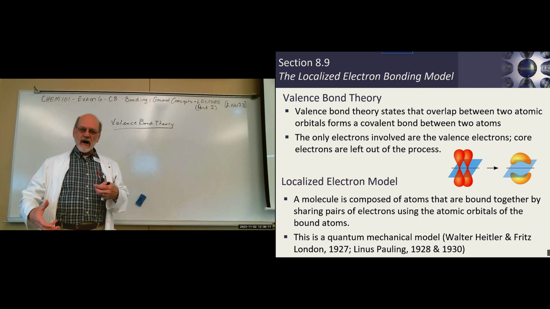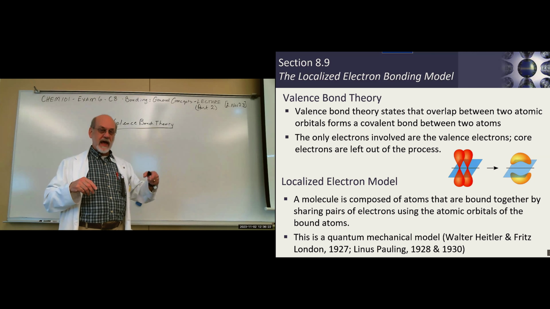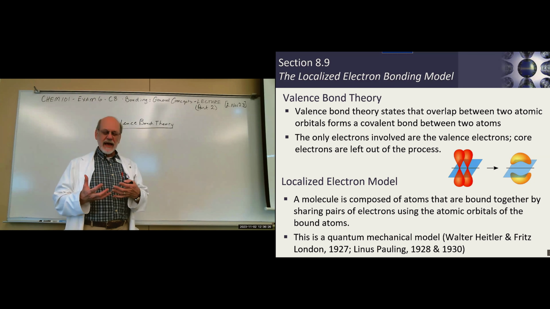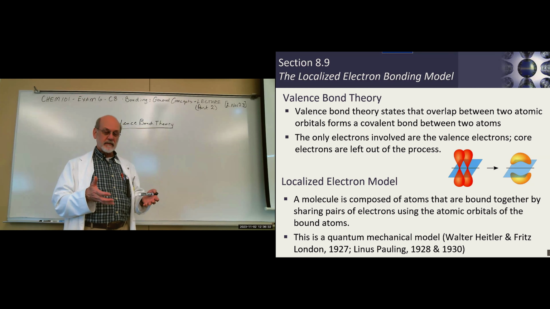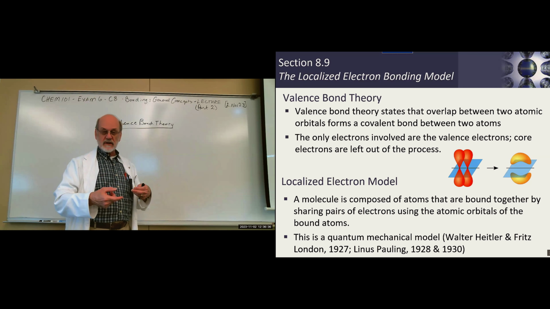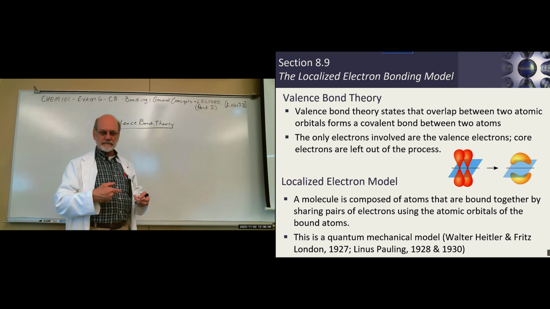So the theory and the model based upon that theory answer questions that we have about the bonds and the molecules that they form. And if the theory and the model derived from it answer those questions adequately and predict certain behaviors, then we have greater and greater confidence in the model.